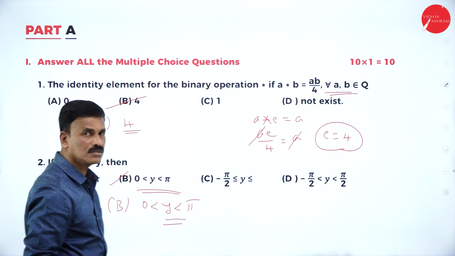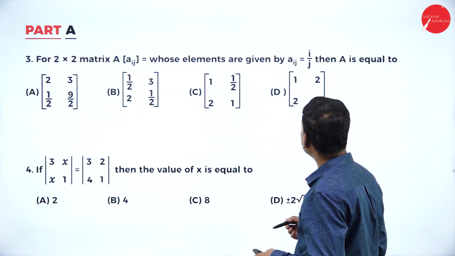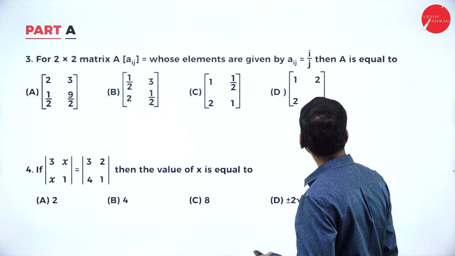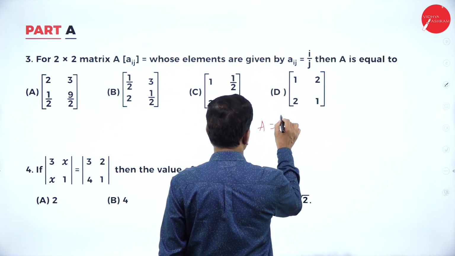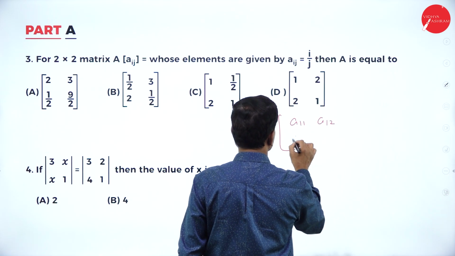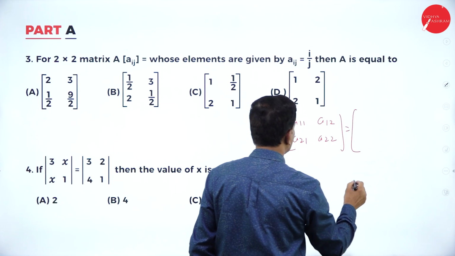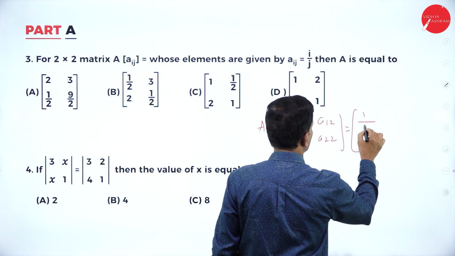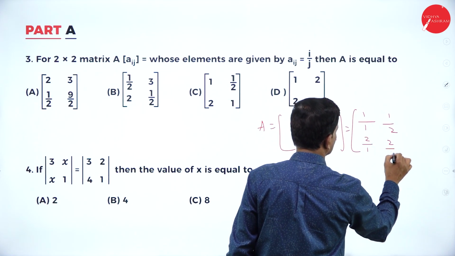For a 2 cross 2 matrix A equal to Aij whose elements are given by Aij is equal to i by j, then A is equal to, very simple, for 2 rows 2 columns it is nothing but A11, A12, A21, A22. Now just simplify this. i by j: 1 by 1, 1 by 2, 2 by 1, 2 by 2.